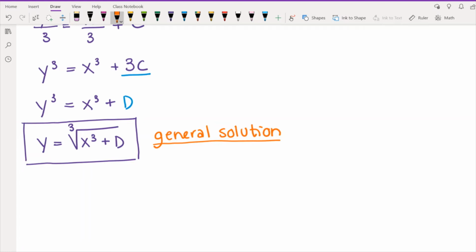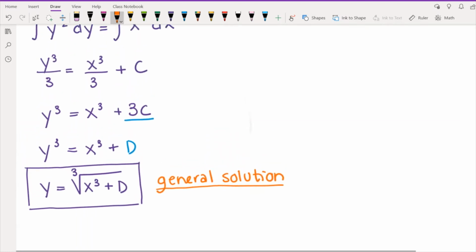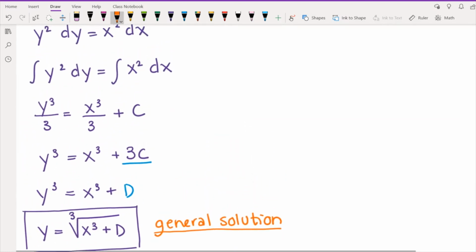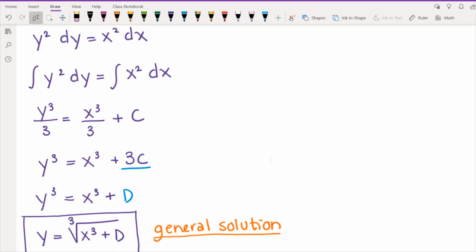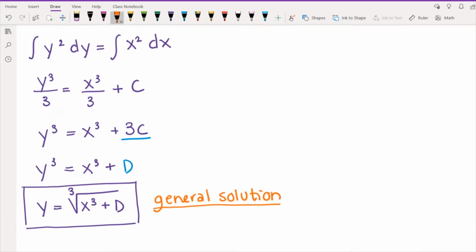One thing before I do that I just want to quickly mention that's really important, and this will come up throughout this video. Notice that the constant did not end up on the end. So we didn't just have a little plus c at the end of our equation, right? It ended up inside of the cube root. So it's really important that you put the plus c at the right part of the problem. What I mean by that is, where does the plus c come from? It comes from integration.